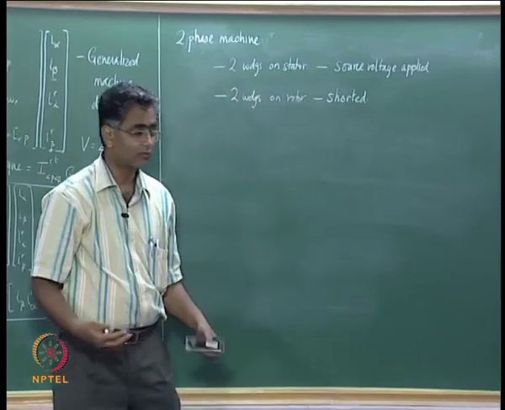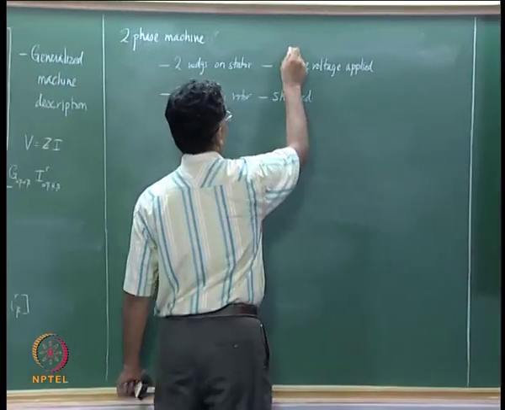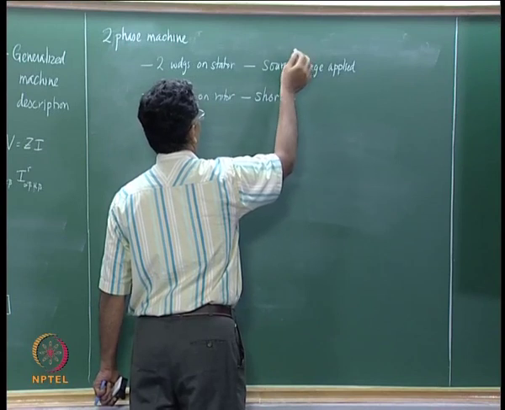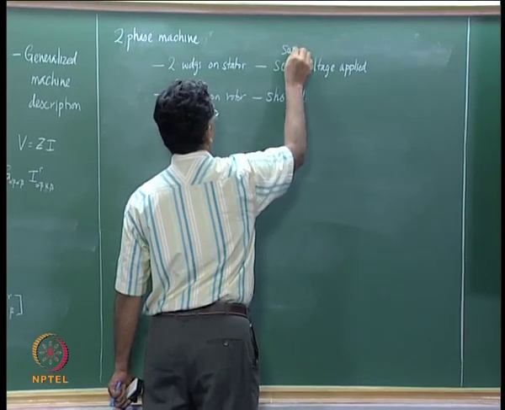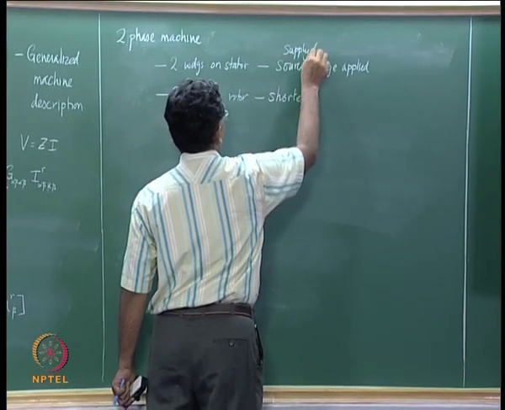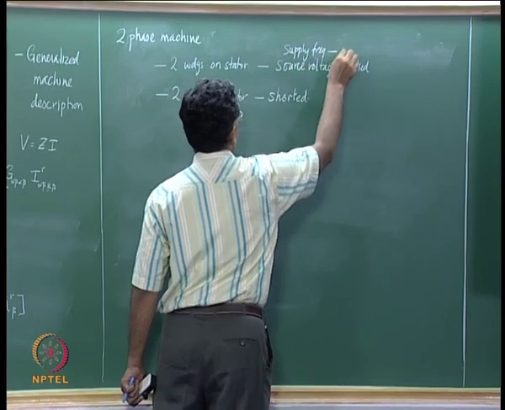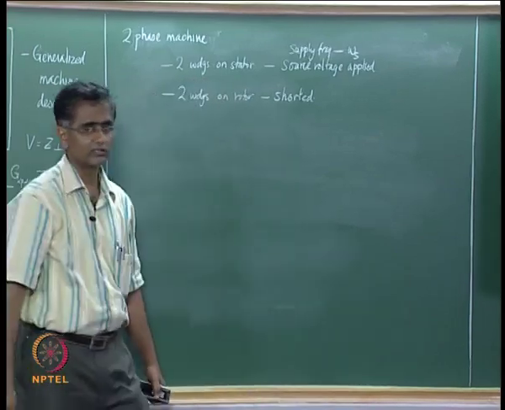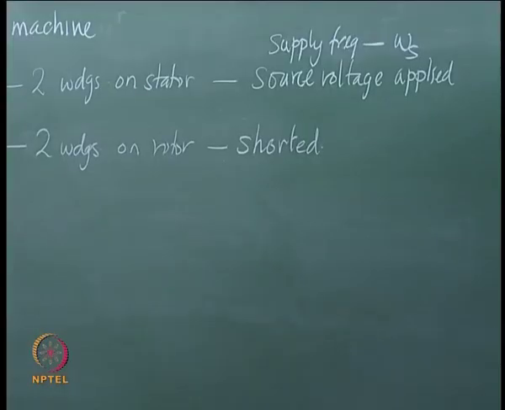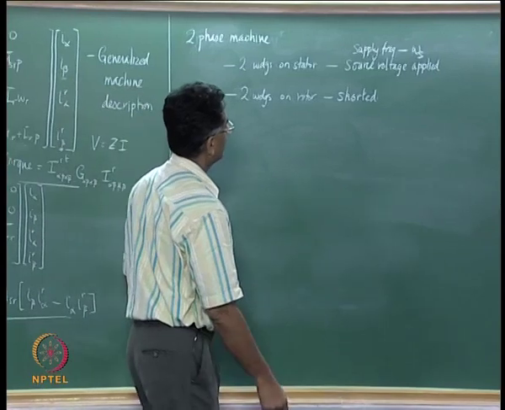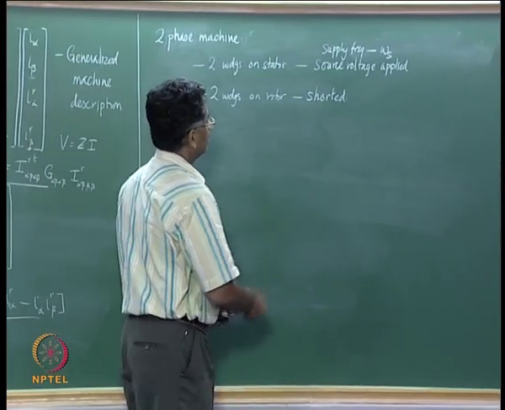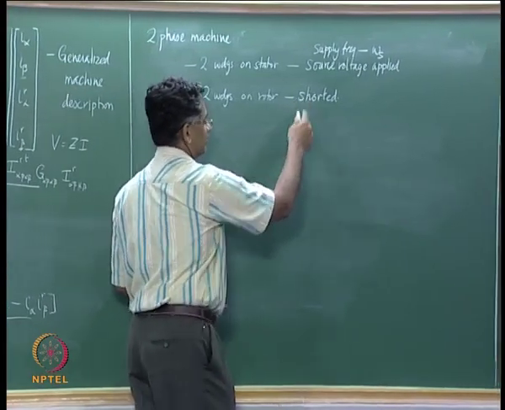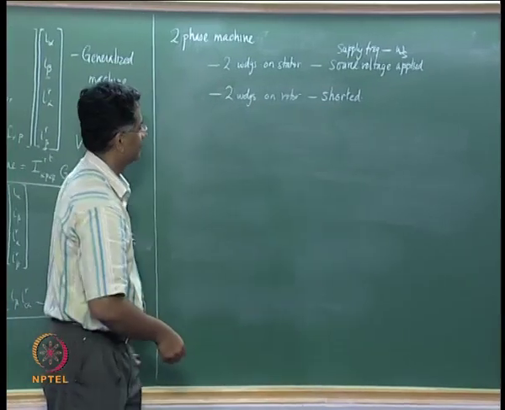It is an AC voltage, and we will therefore say that the AC voltage is of supply frequency, let us call it omega s, that is the supply frequency. Since the rotor is shorted, there is no applied voltage there.